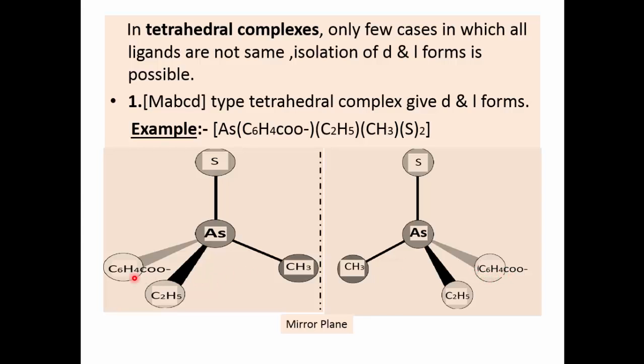This is also transferred to the opposite side. And when these two isomers are placed one over the other, what happened? They are not superimposable. That means they are not the same. That means this complex shows optical activity.